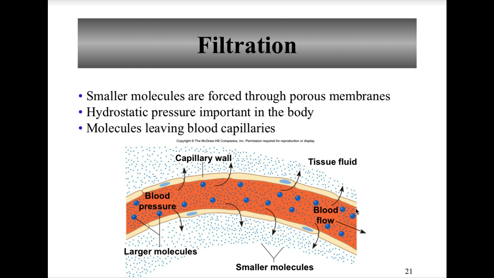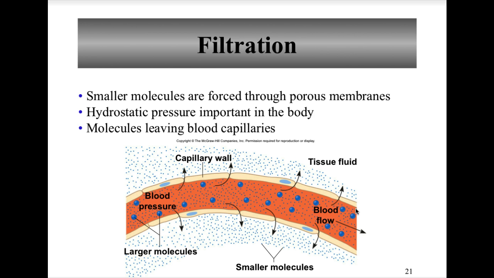You also have filtration. Filtration is water and solutes which are forced through a body membrane by the hydrostatic pressure of blood, which we would call blood pressure. The concentration gradient is from high to low. The solutes include glucose, gases, ions, hormones, and vitamins.